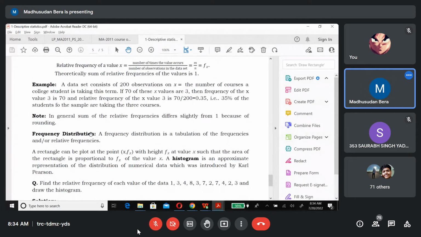So what is a frequency distribution? A frequency distribution is a tabulation of the frequencies or relative frequencies.